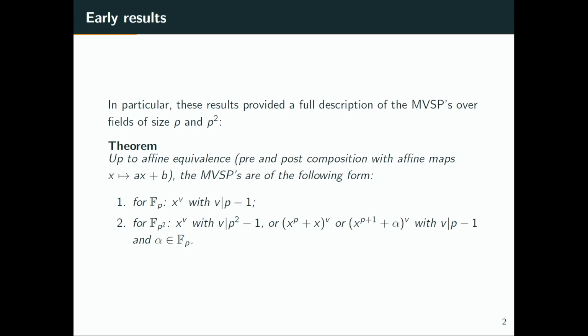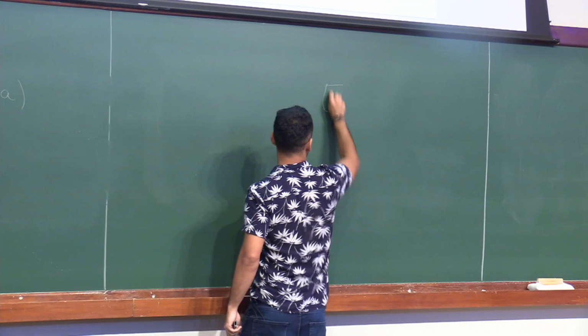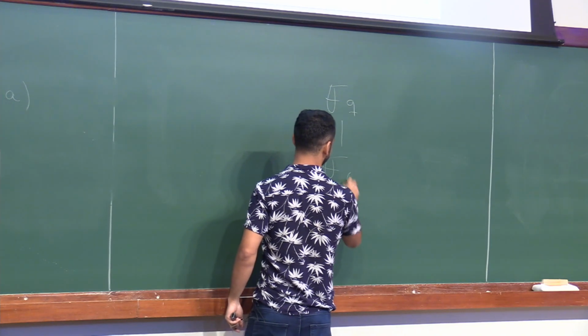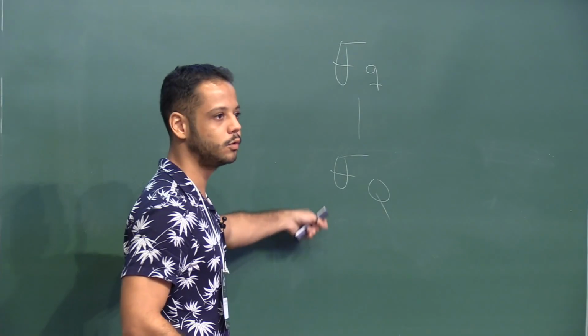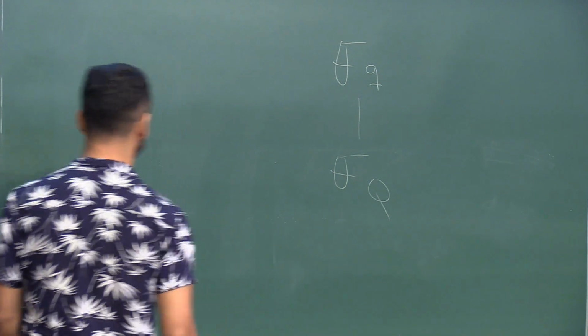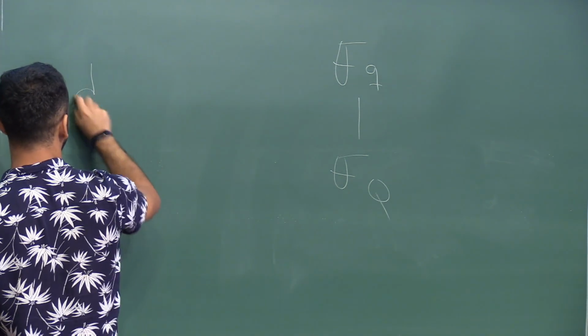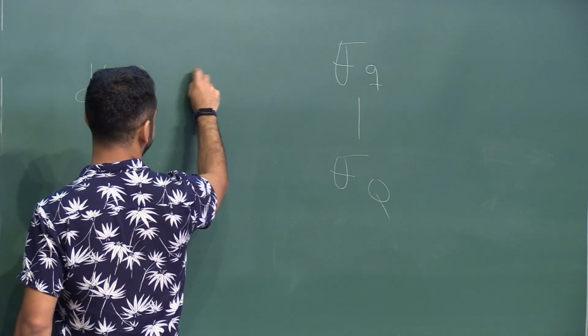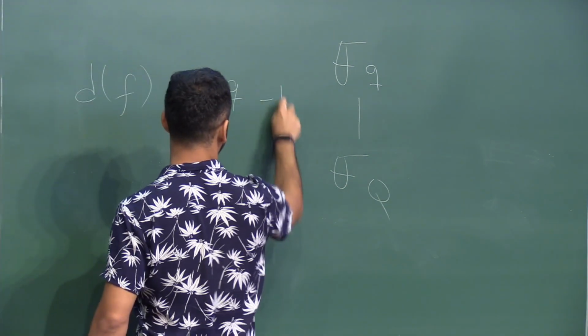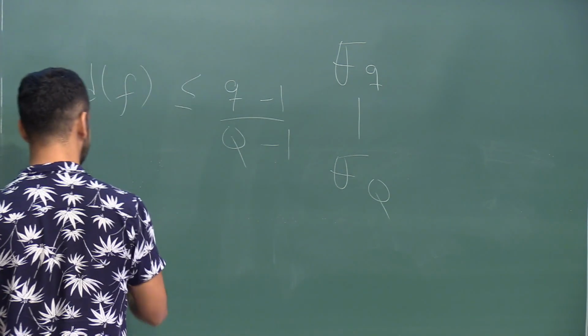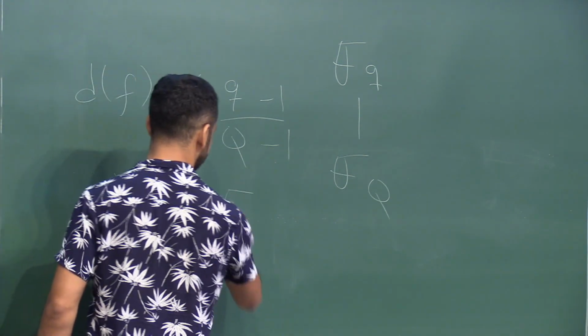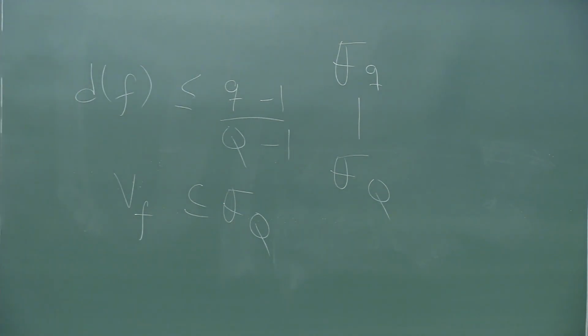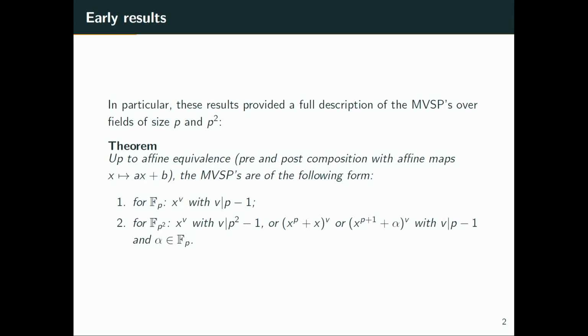We consider a finite field F_q, and we have a subfield F_{q'}. And so we just take a polynomial f of degree less than or equal to (q minus 1) over (q' minus 1), and the value set contained in the subfield. So one can observe that this always produces an MVSP, but it's not easy to determine explicitly the polynomials with this property.